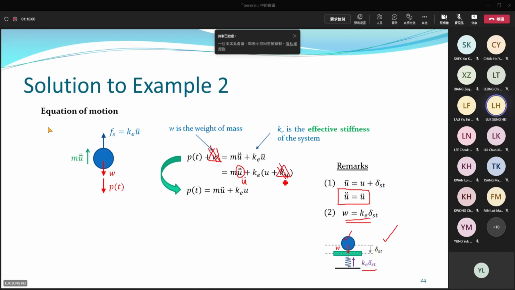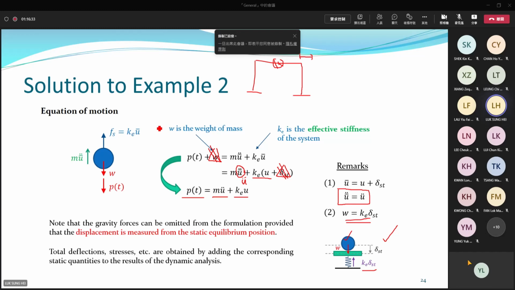Then what remains? After this cancellation, the left-hand side has only P. The right-hand side, mu double dot plus KE U. This equation, in terms of the formula, is just like what we learned in example 1, a system under horizontal movement. And the set weight disappeared from the equations.